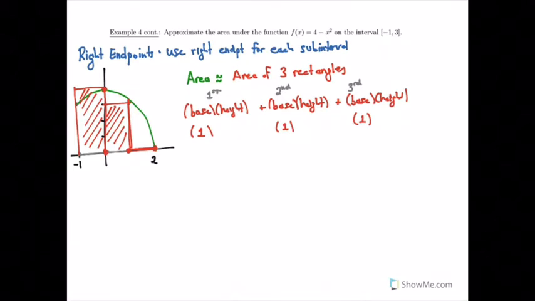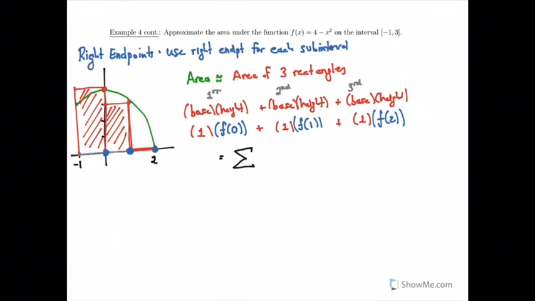So the first one is going to be f of 0, which we know is 4. The next one's going to be f of 1. And this corresponds to the right endpoints of these subintervals. The last one's going to be f of 2. We're going to take those values and add them up. Now note what I have here is I could actually write this as a sum using our sigma notation.